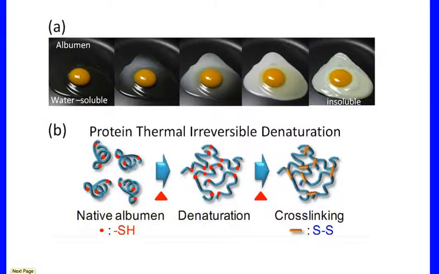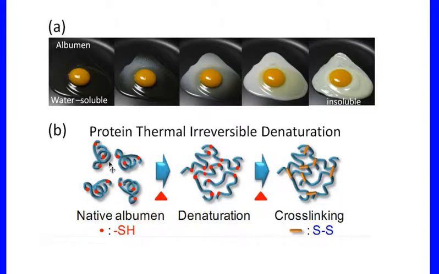And here's a good picture that shows the denaturation of an enzyme. Think about an egg. The protein in an egg we said was called albumin. It's a storage protein for the baby chicken. So when you crack the egg and you put it in the frying pan, it starts out in its normal state.